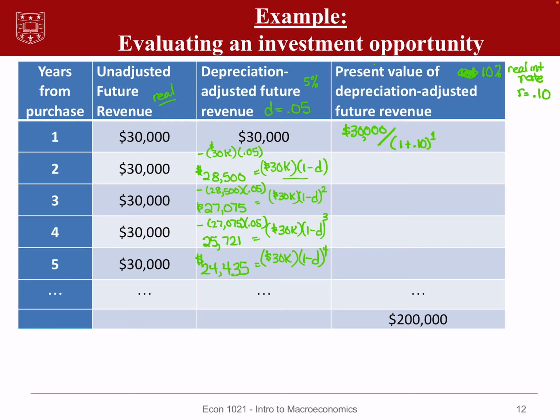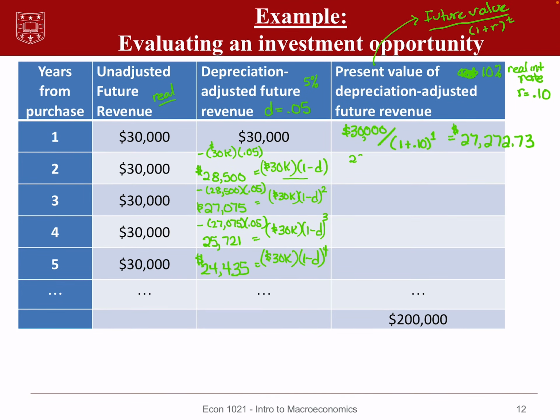So again, the present value is the future value divided by, in this case, 1 plus r to the t-th power. So this amount would be $27,272.73. Similarly, what is the value today of getting $28,500 2 years from now?